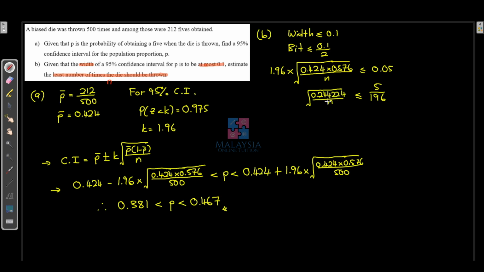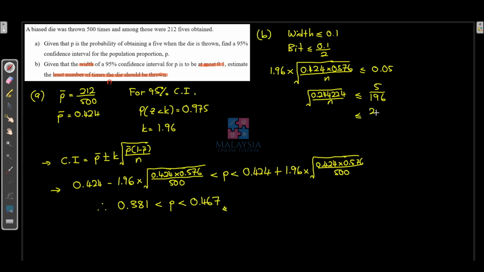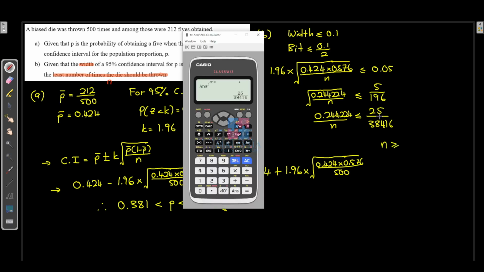Now we are going to shift the square root to the right hand side, meaning that it's going to be squared. So 5 over 196 squared, we get 25 over 38416. And on the left, we have 0.244224 over n. Finally, our n must be greater than or equal to, so remember that value, when we shift to the left, it's going to be divided.